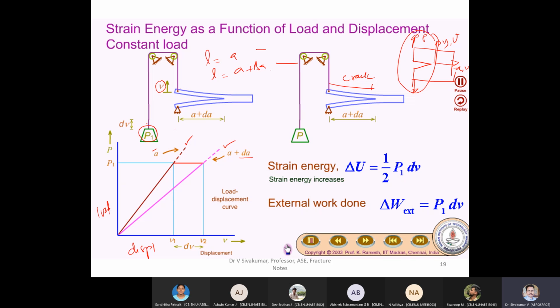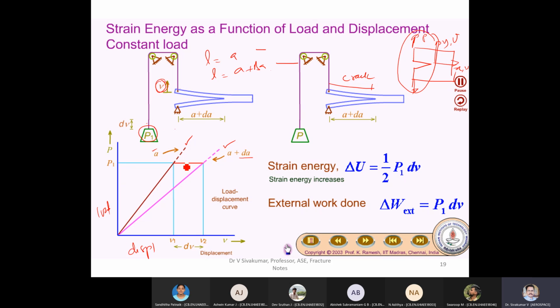In parallel I'm conducting two tests, plotting load versus displacement. Load is P, displacement is V, V1, V2, on the same graph. The brown one, the first one, is A. Once I apply the load P, the displacement V will increase.